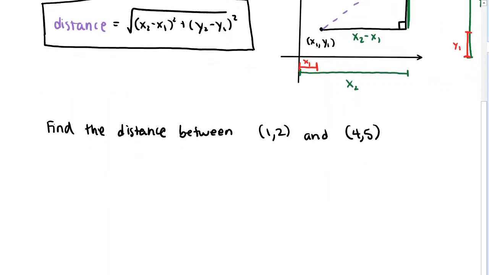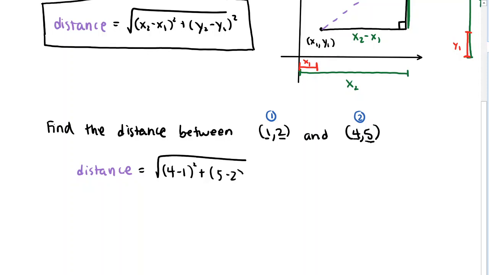So here, we know that the distance between these 2 points is going to equal, maybe I'll call this point 1, and I'll call this point 2. So our distance comes from the square root of x2 minus x1, so 4 minus 1 squared, plus y2 minus y1, so 5 minus 2 squared.